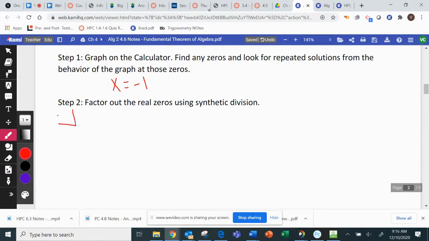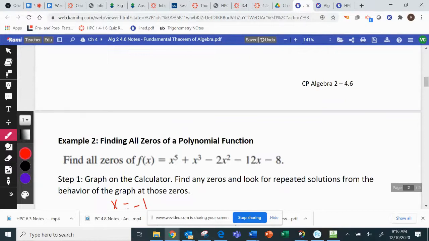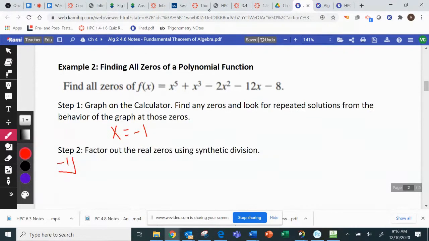So we are going to take out that -1 using synthetic division because it's a nice non-fraction answer. When I set up my synthetic division, I have an x to the 5th, but I do not have an x to the 4th. So we have to have that 0 in, or we're going to have problems. We have an x to the 3rd, then -2x squared, -12x, and -8.